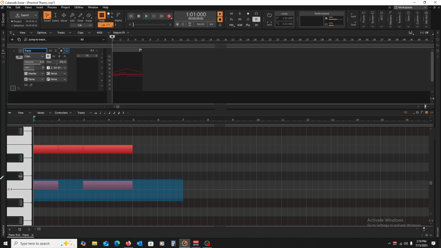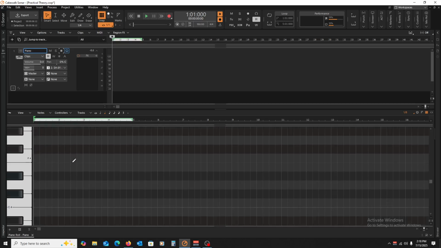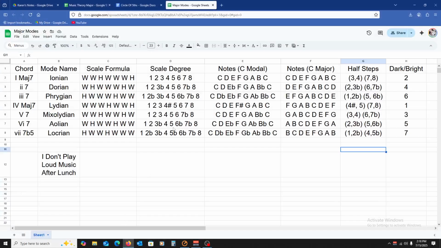Now, if we want to give it, say, a Dorian feel, what we're going to want to do is probably start our chord progression on D minor, because Dorian is the second mode.